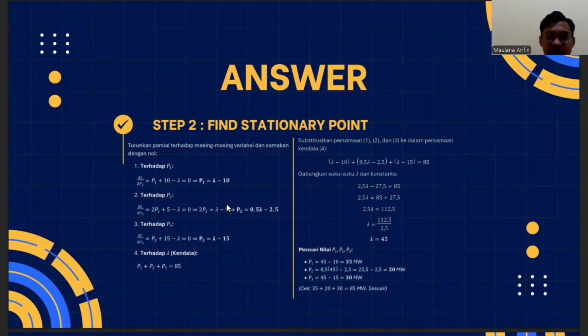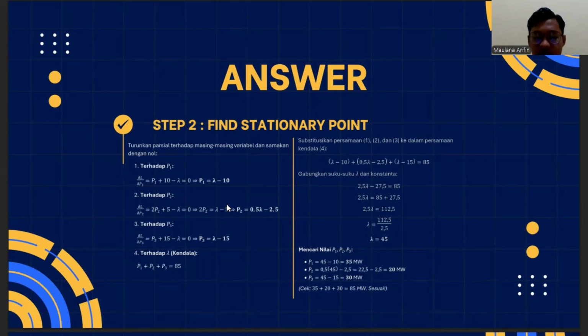So we can substitute equations 1, 2, and 3 into the constraint. So lambda equals 45.